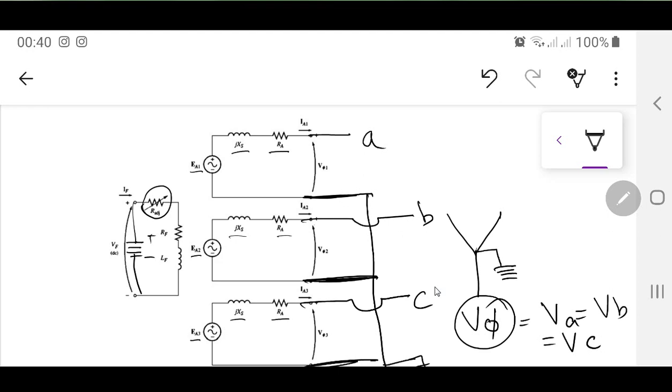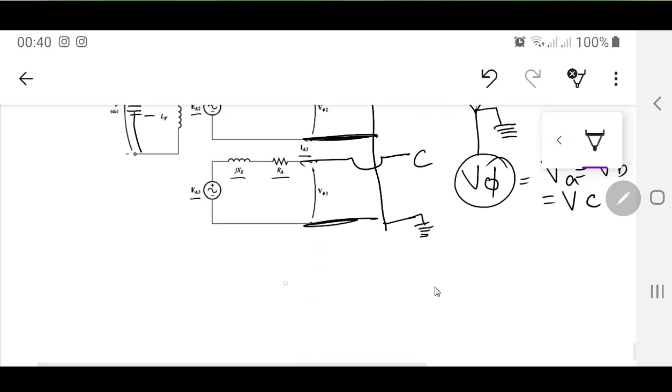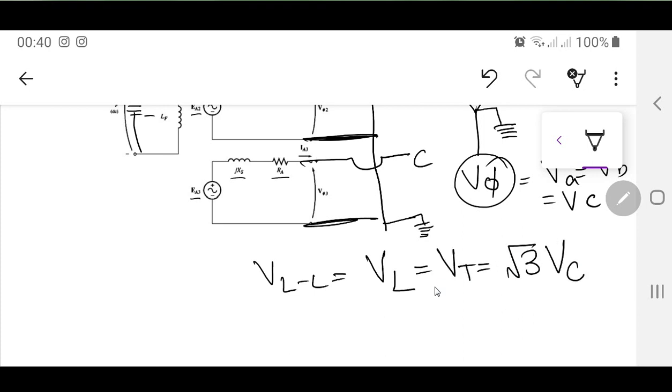Same thing over there. But when we are going to measure with a voltmeter, this is very, very important. When you measure the voltage between any two phases, this is the line to line voltage. Technically speaking, this line to line voltage is called VL, or we call it VT, and this will be root 3 times V phase.